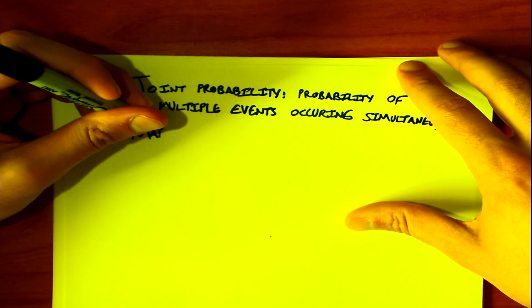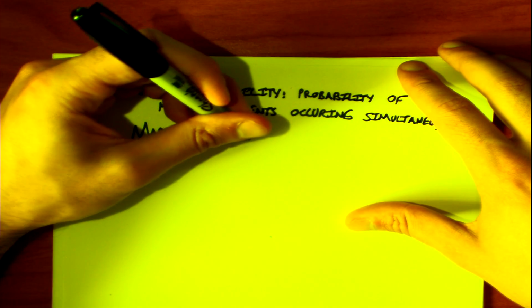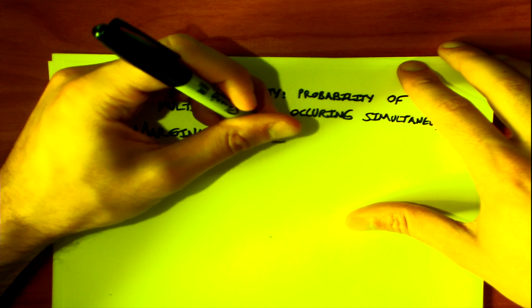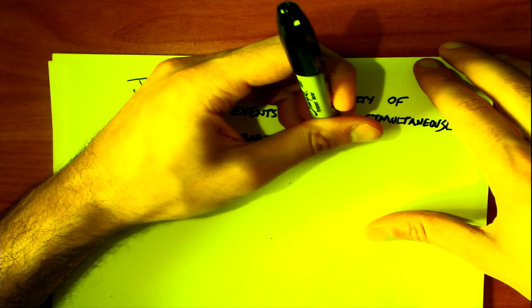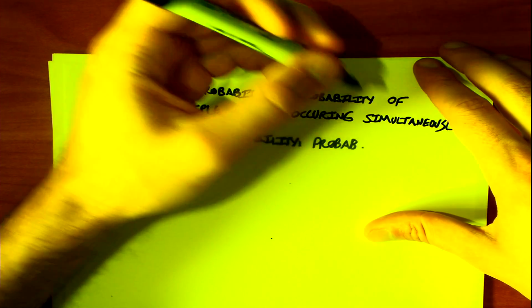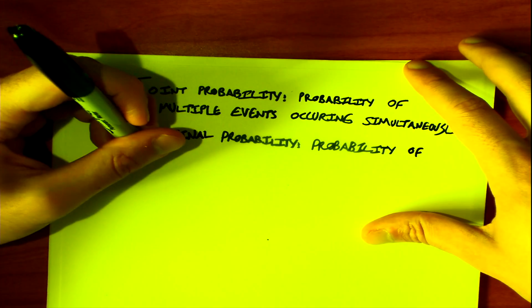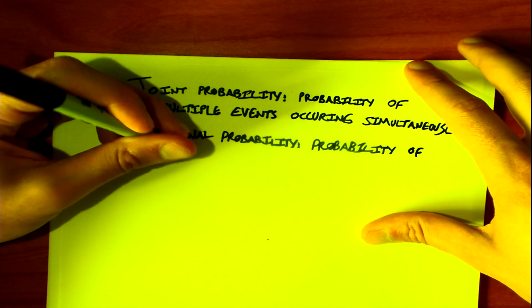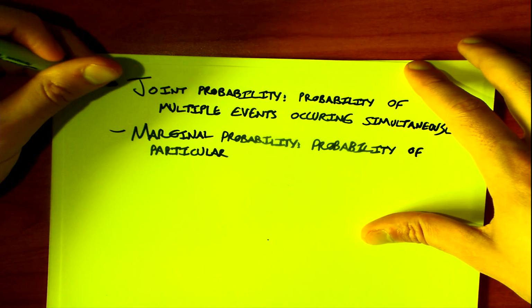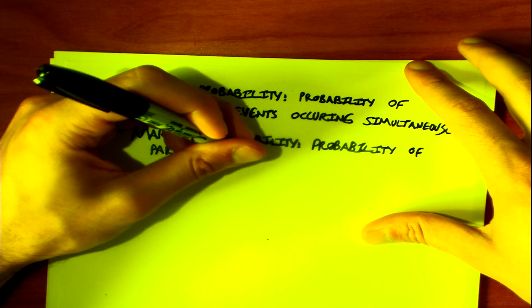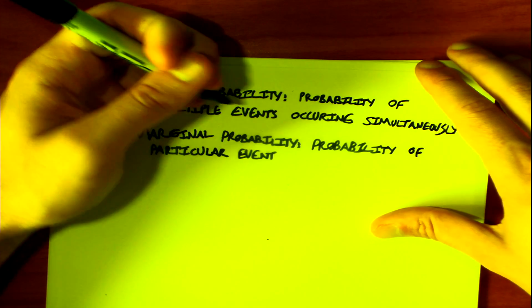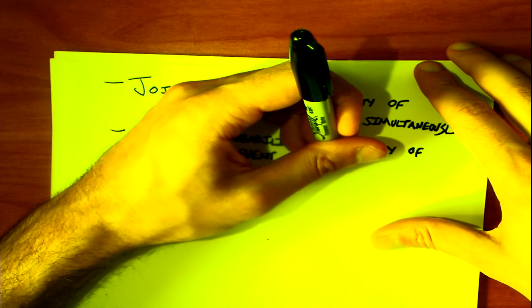A marginal probability is the probability of a particular event occurring without regard for the other, or for the other variables.